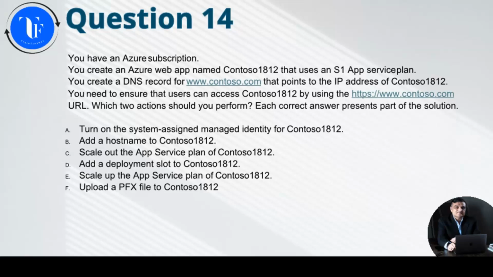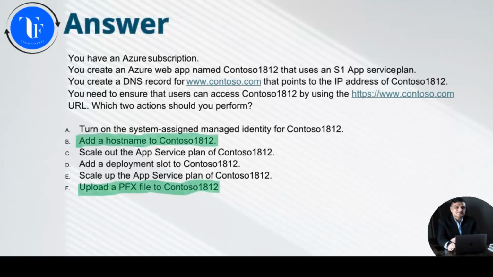Turn on the system assigned managed identity for Contoso1812. Add a host name to Contoso1812. Scale out the app service plan of Contoso1812. Add a deployment slot to Contoso1812. Scale up the app service plan of Contoso1812. Upload a PFX file to Contoso1812. Answer is add a host name to Contoso1812, and upload a PFX file to Contoso1812.